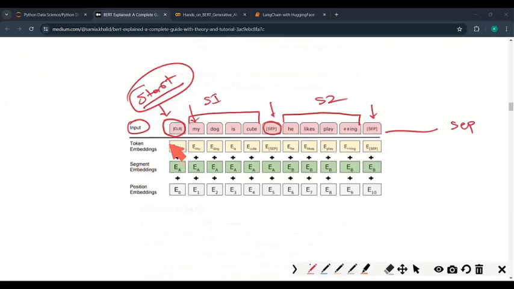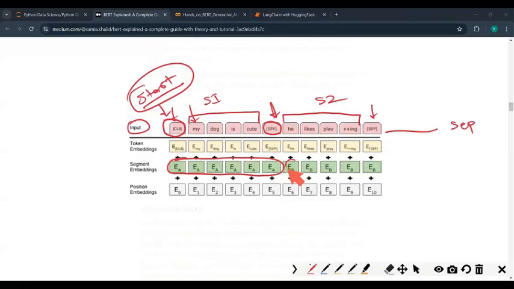What is segment encoding? Segment encoding is saying that we will write EA to all the tokens which are related to the first part of the statement. So from here to here, this is basically my first statement. So it is writing EA to all of that to show that it is one statement.